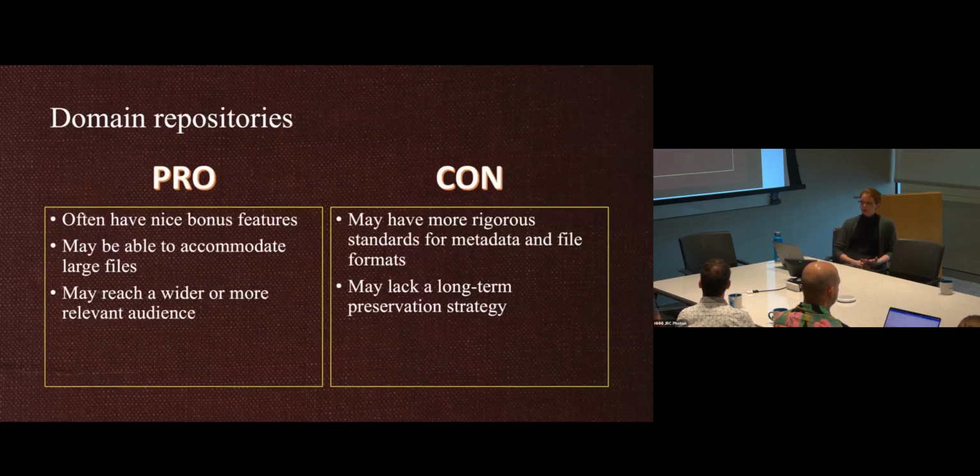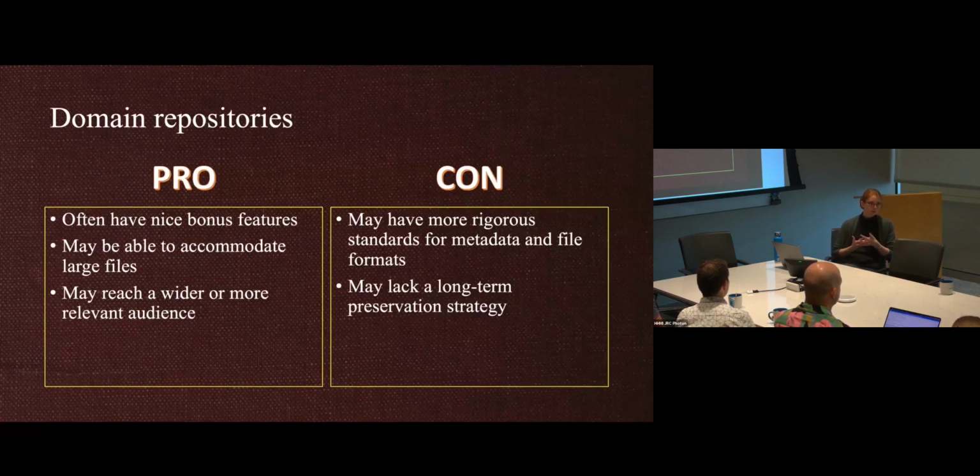Overall, domain repositories often have nice bonus features you don't get with a generalist repository. They'll have ways that people can browse the data and interact with the data, because they know what kind of data you're sharing. They're often able to accommodate large files. For example, the Image Data Resource, which I mentioned earlier, I've seen files on there that are like 10 terabytes.